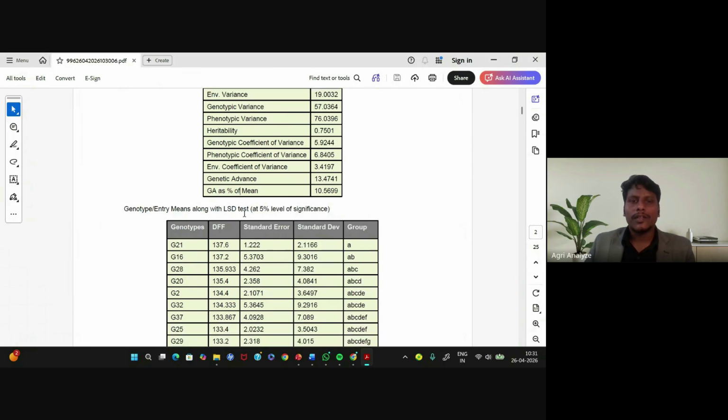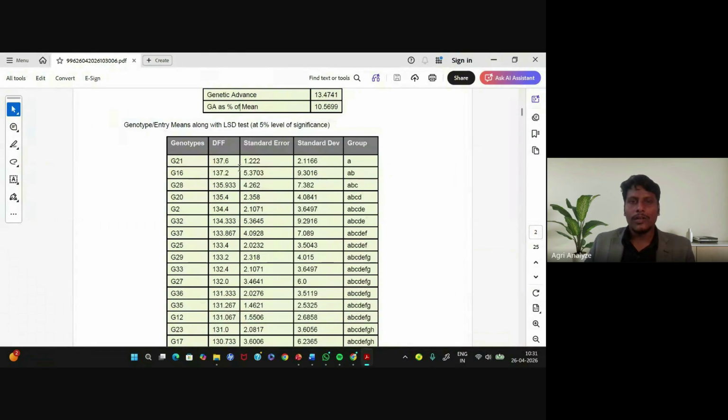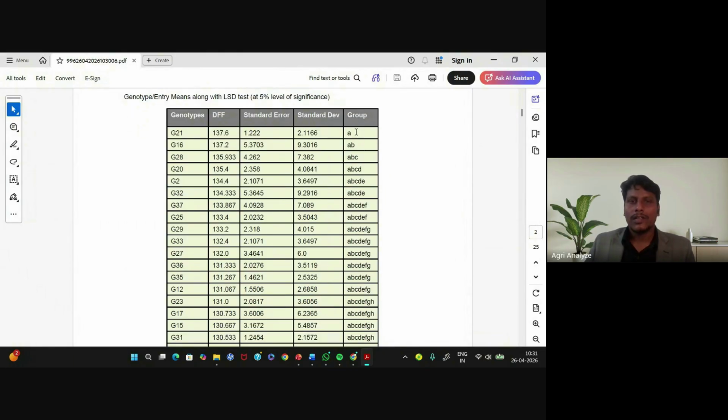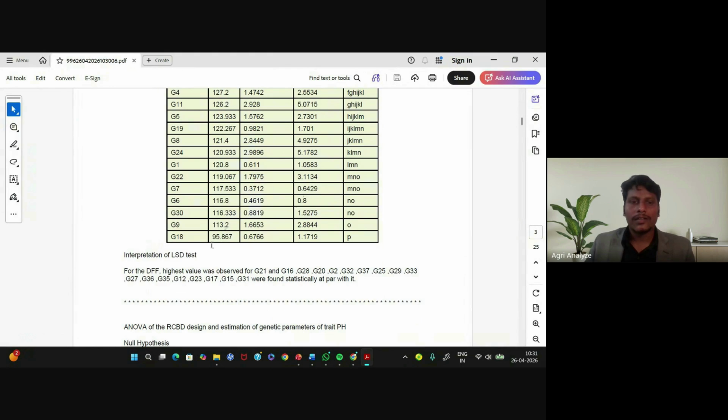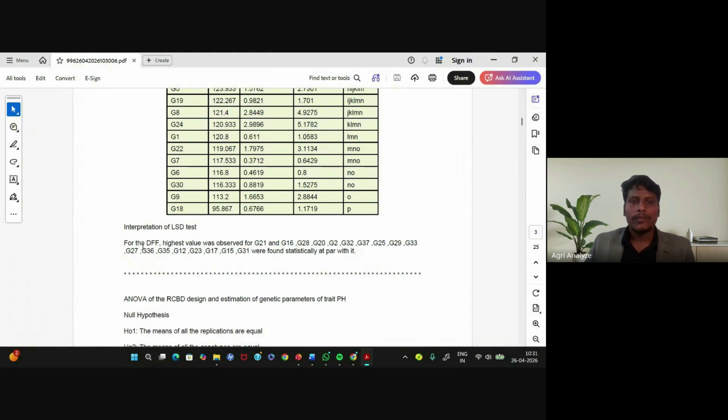And this is the mean value, and here the at par groups G20, G16, and so on, are also interpreted.